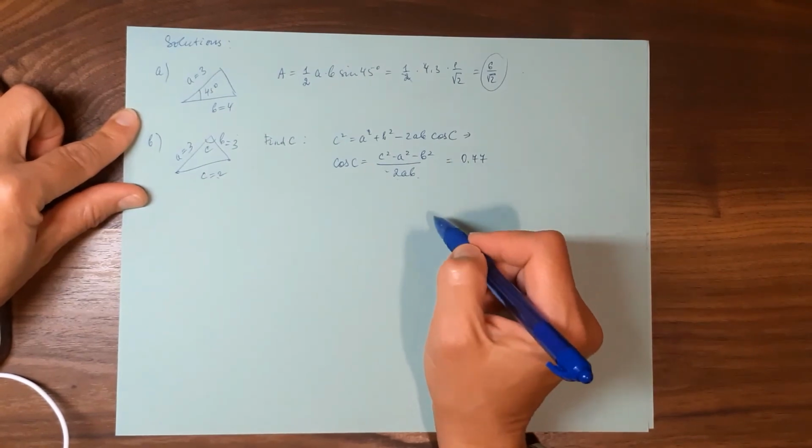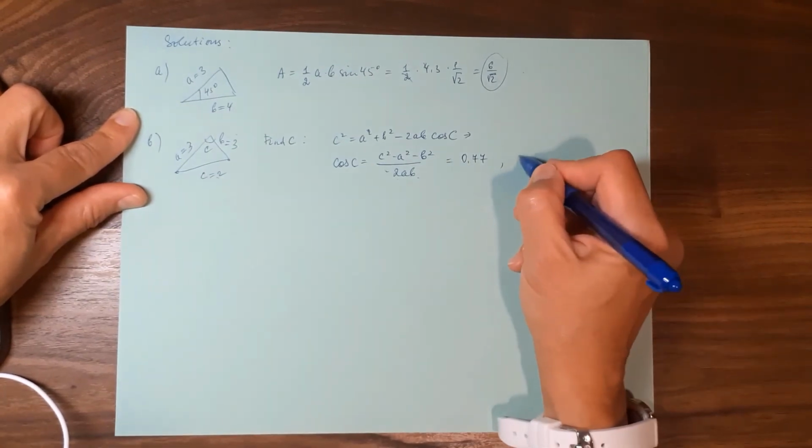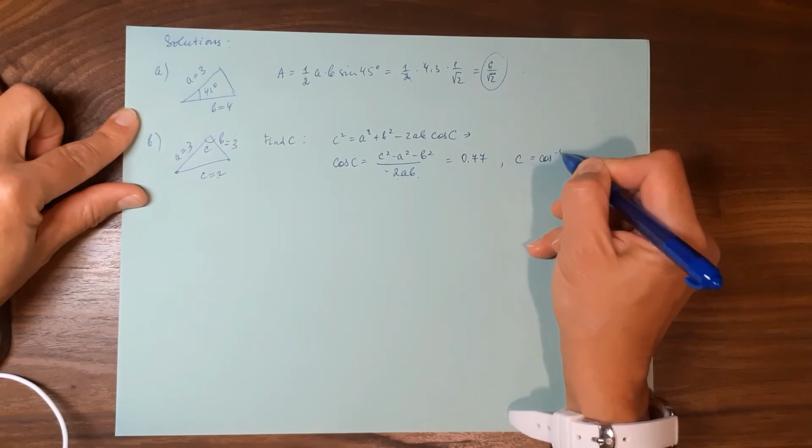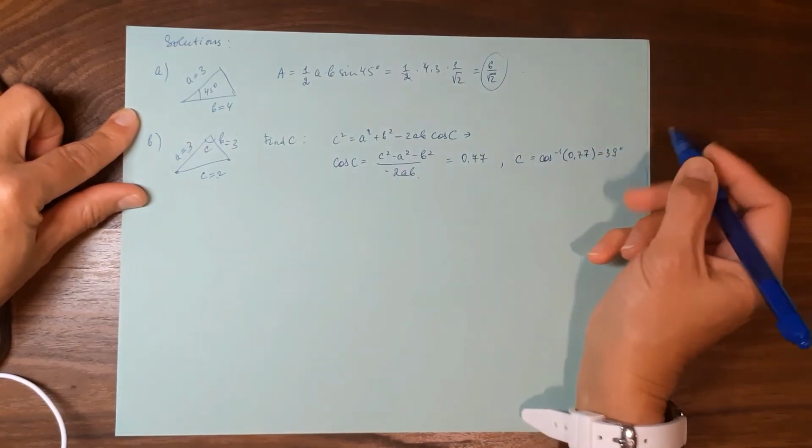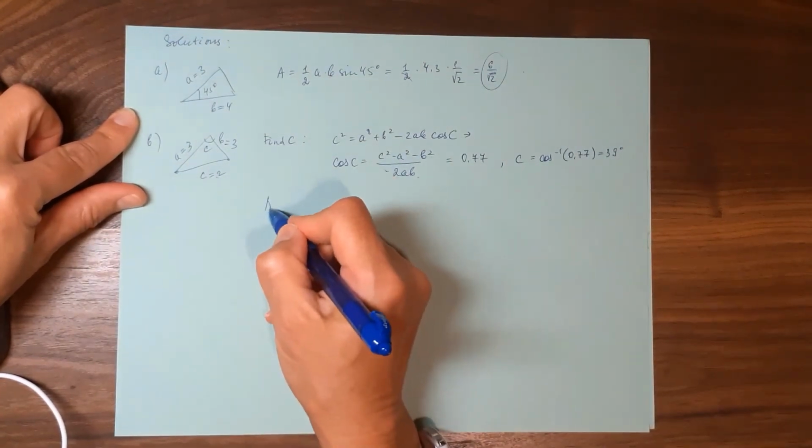Plug in the numbers, I'm getting 0.77 for cosine of C. And finding the cosine inverse of this, I can find that angle C equals approximately 39 degrees.